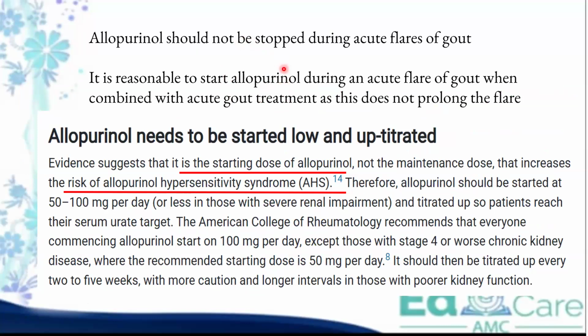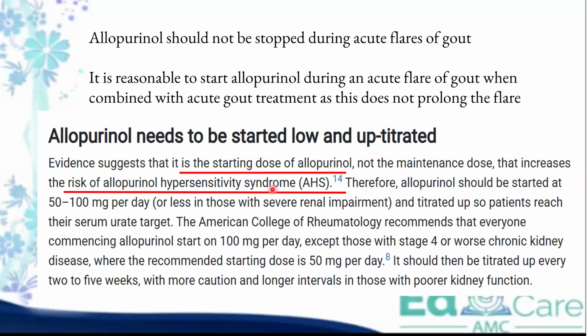So here, this is all from their guideline. Evidence suggests that it is the starting dose of allopurinol, not the maintenance, that increases the risk of allopurinol hypersensitivity syndrome. So there's something called allopurinol hypersensitivity syndrome, right? Again, a past paper question. Therefore, allopurinol should be started at a low dose, 50 to 100 per day.